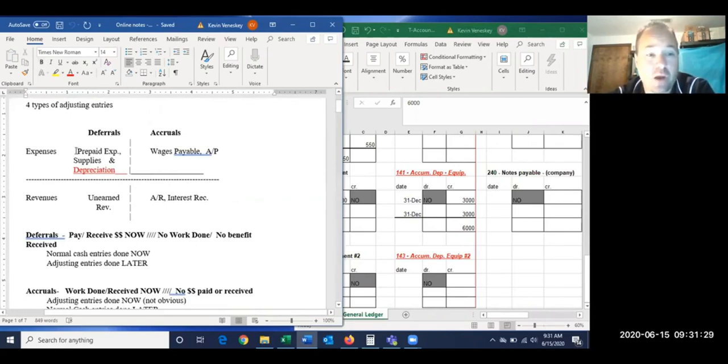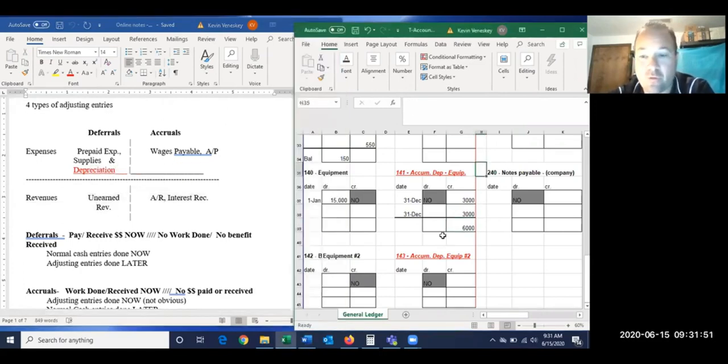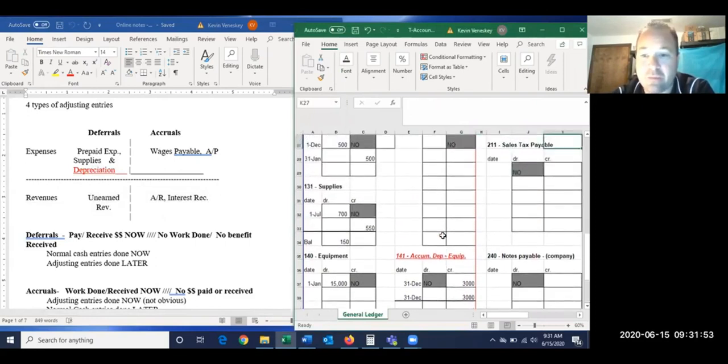So here, we paid for something up front, and then we're going to get the benefit later. Here it's just the opposite, because we're talking about revenues. Our customer is going to pay us up front, and then we're going to give them the benefit at some time later. So the best way to think of this account, unearned revenue is a liability.